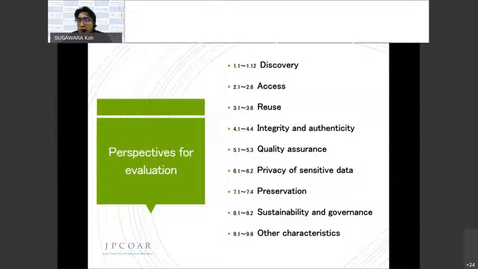Under these headings, there are 45 requirements, and among them, 22 are essential characteristics, and the rest are desired ones.